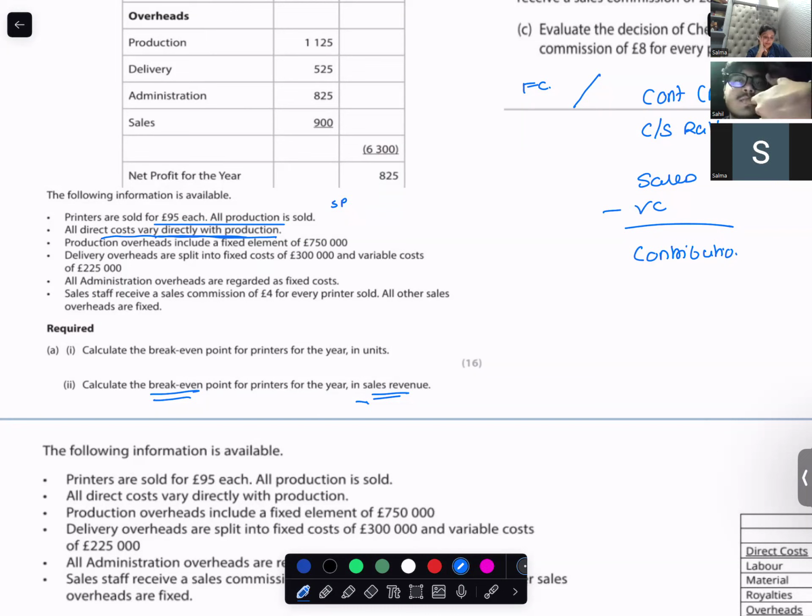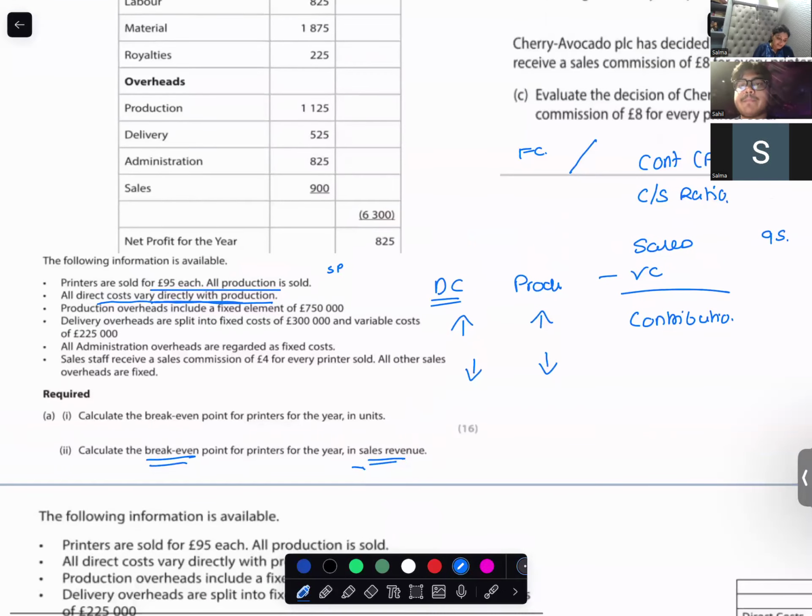What does it mean? When I say the direct cost varies directly with production, that means if the production increases, your direct cost will also increase. If the production reduces, the direct cost will also reduce. Direct cost is a variable cost, and variable cost always varies in proportion to production.